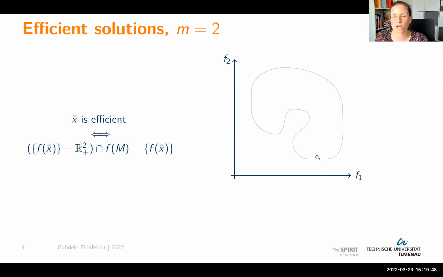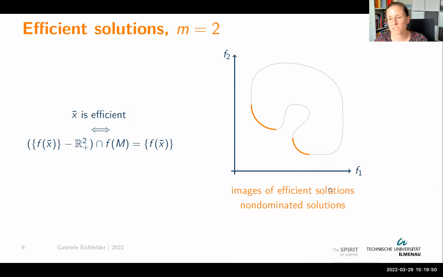Here, for instance, for a non-convex problem, the images of the efficient solutions, we also call them non-dominated solutions, can be found on the lower left boundary of your image set. For instance, this point here is an image of an efficient point because you cannot improve the function F1 without worsening F2 and the other way around. This point here in the middle of the set is not an image of an efficient point because you find another point which is strictly better with respect to both objective functions.